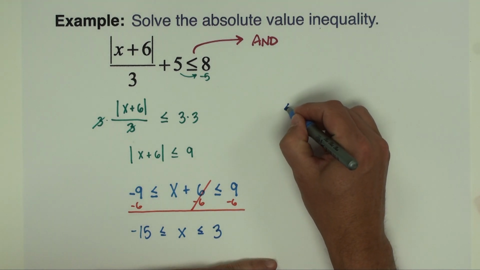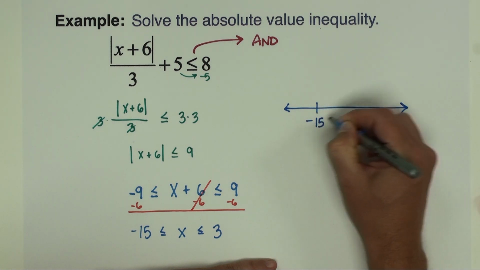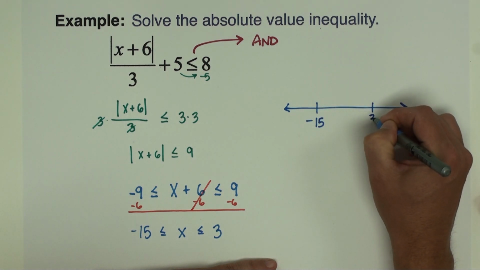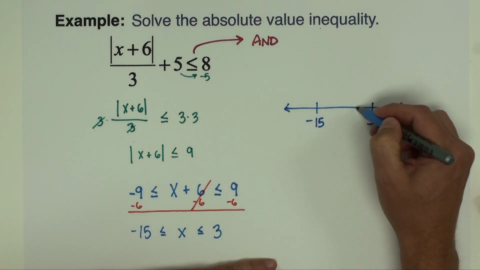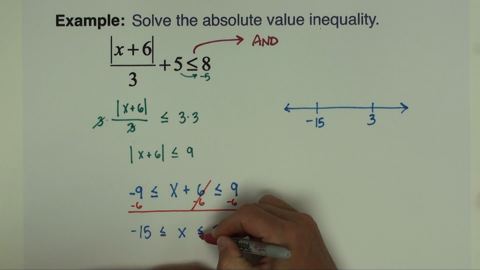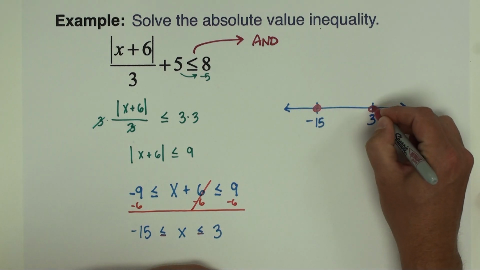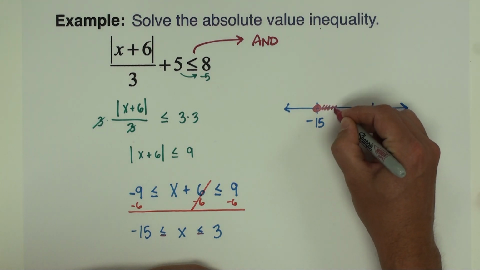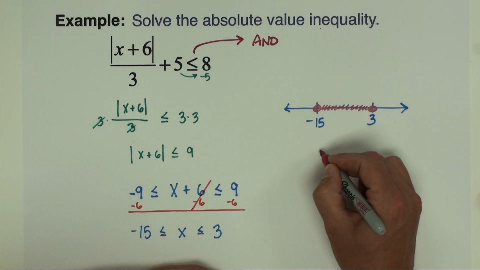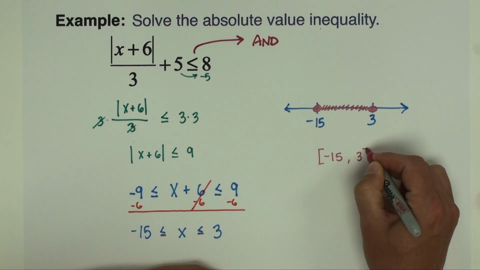My number line, again, I'm just going to put -15 and 3. That's a lot of tick marks between those two, and I don't want to be that detailed there, so that'll work. Notice that these inequalities have equal to on them, so we're going to do closed circles, and we want everything between those two numbers. So our solution is negative 15 to 3.